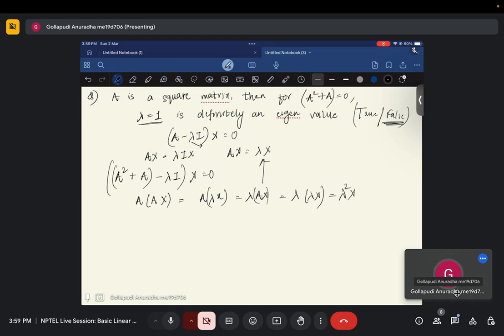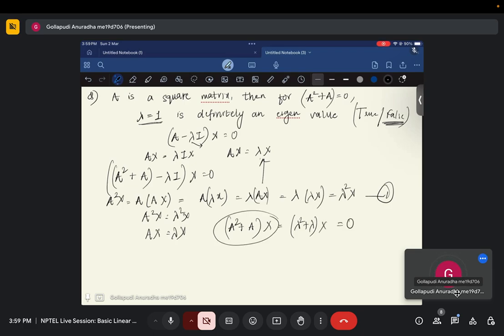Is this clear till here? So this term A square x can be written like this, right? So A square x is equal to lambda square x, and Ax is equal to lambda x from here. So A square plus A times x can be written as lambda square plus lambda into x, which means this has to be 0, because this is going to be 0, right?